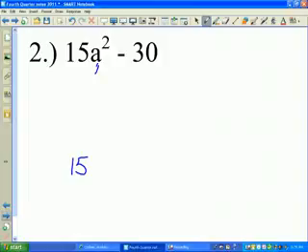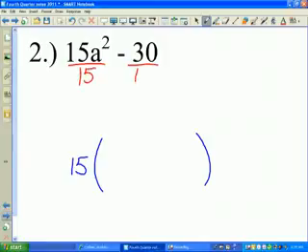Now let's look at the variables. I have 2 A's here. I have no A's here. How many A's do they have in common? None. So my greatest common factor right now is just the 15. So now we're going to factor. The next step, I got to divide everything by my 15.